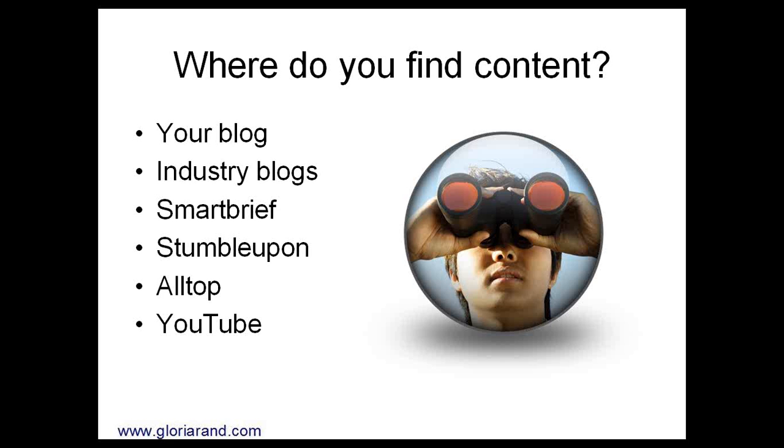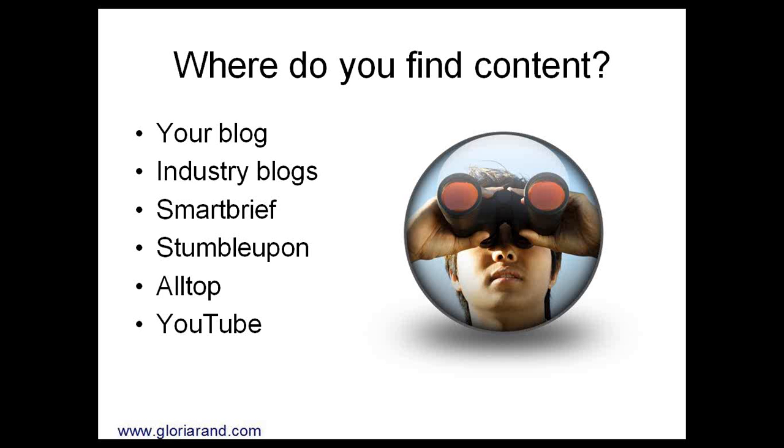I mentioned earlier that if you have your own blog, other industry blogs are a good source. Another excellent resource is a website called Smart Brief. This company has more than 100 newsletters from a variety of industries. So, for instance, if you sell pet products, you can have a pet industry newsletter emailed to you, and then you'll be able to use some of those articles on your Facebook page. Another source for content is StumbleUpon.